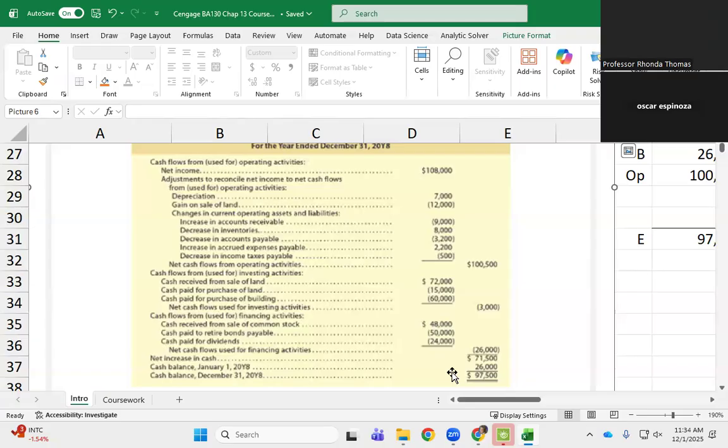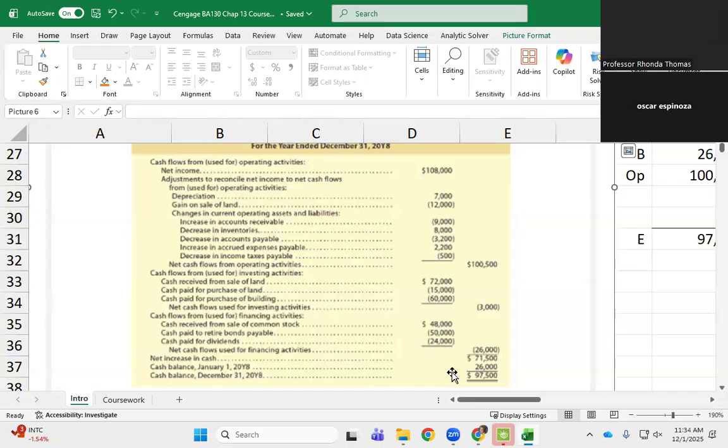They call that net increase in cash. Because of what we did for this year, the year ending December 31st, year 8, our cash increased by $71,500. That's the difference between the beginning cash and the ending.